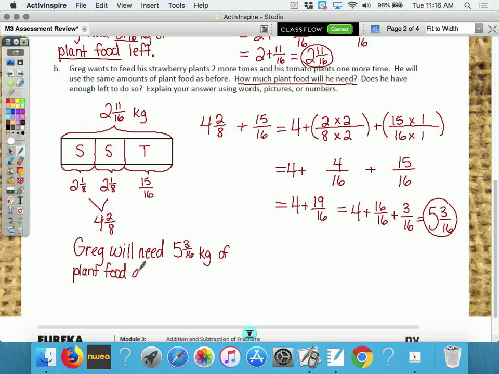Okay, so I'm going to put, does not have enough left. And because it doesn't say how much more does he need, we don't have to do a subtraction problem. So that's nice, isn't it? Yeah. Okay.